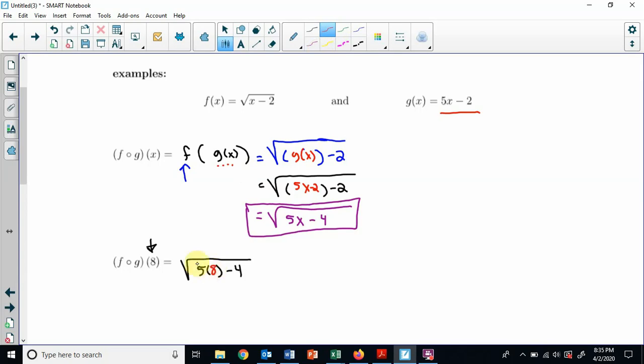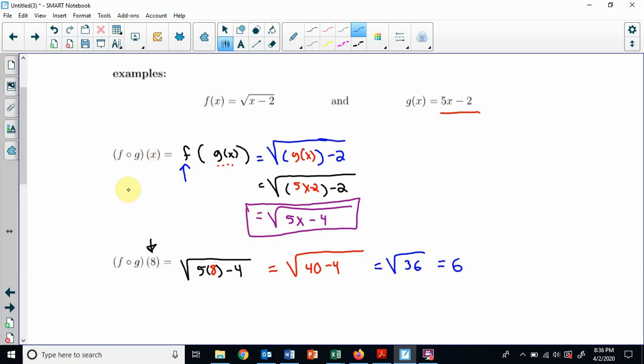An 8. Well, what's 5 times 8? That is 40. Don't forget the minus 4. 40 minus 4. That's 36. So what's the square root of 36? That is 6. Somebody was really nice and gave you a pretty problem that came out to a pretty answer. Okay, it was me. I'll admit.